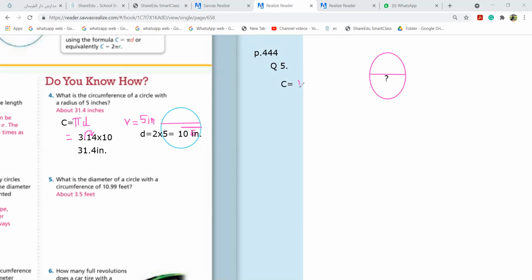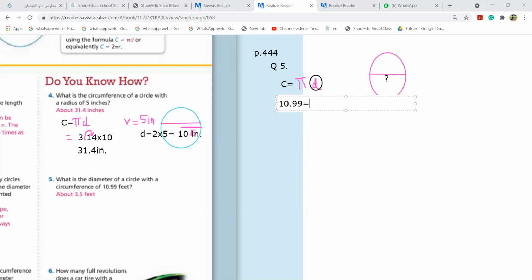It's not that easy. I don't know d. I need to find out d. But I know C. Circumference, they gave you 10.99 feet. I just write 10.99 instead of circumference.